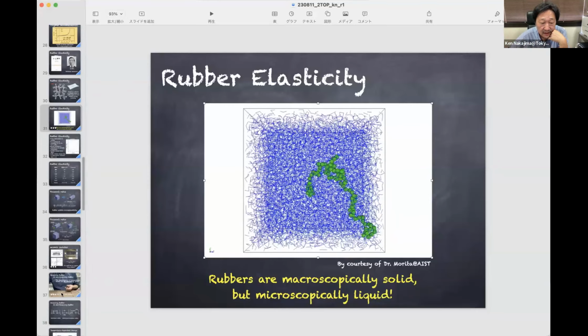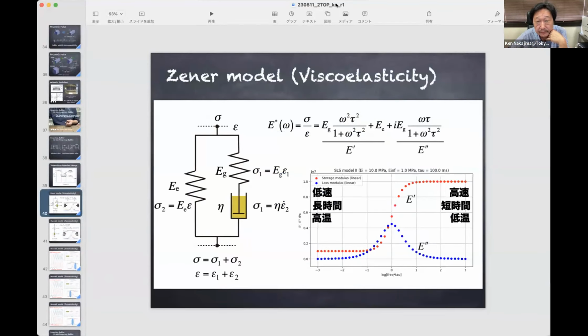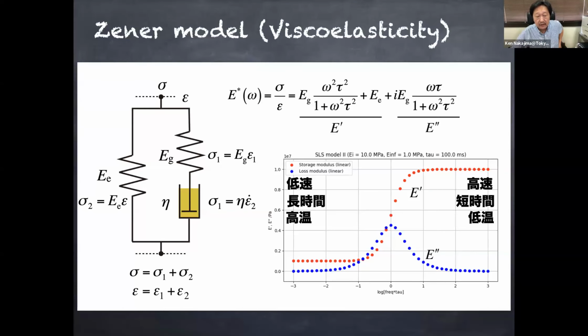Okay. Then coming back here. So this Zener model can express the toy model. I repeat, there is no spring, no dashpot inside. But we can use this model to simply explain the macroscopic phenomena observed in macroscopic observations.